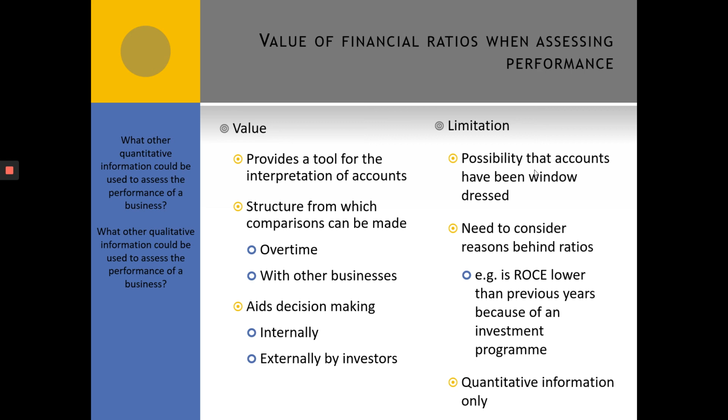This only takes into account financial information. It doesn't take into account the state of the economy. When businesses produce their balance sheets and income statements, which will cover the coronavirus period, that will be significantly lower. And if you were to just look at that in complete isolation, you would say, oh, that business is performing terribly.